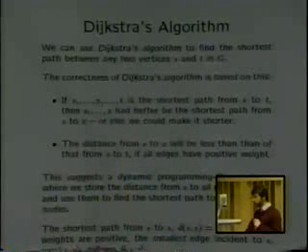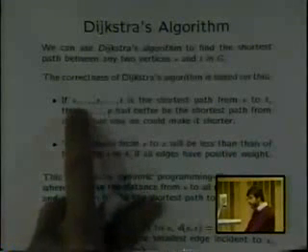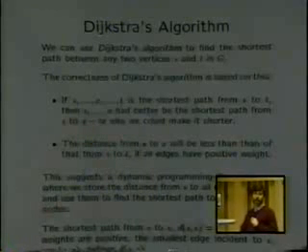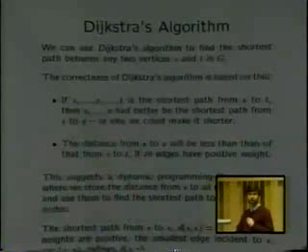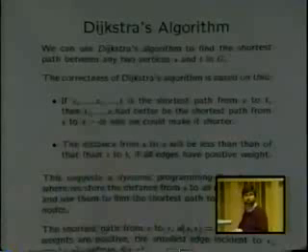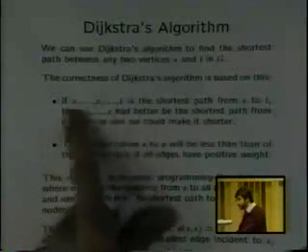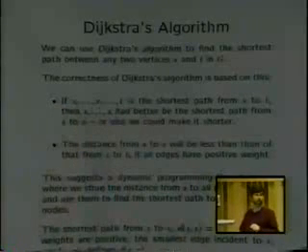In that shortest path from S to T, if that really is the shortest path, then the path we use from S to X had better be the shortest path from S to X. Why? Suppose there was a shorter path from vertex S to X than the one we used. Could this possibly be the shortest path from S to T?